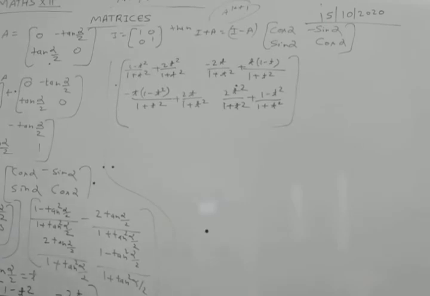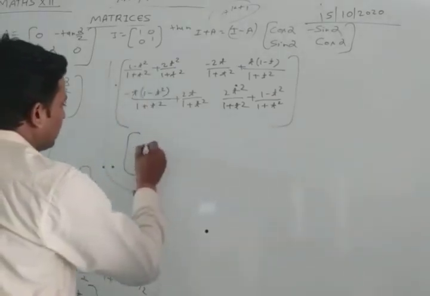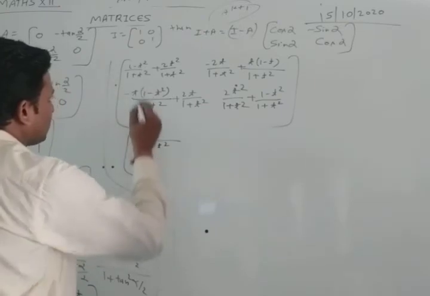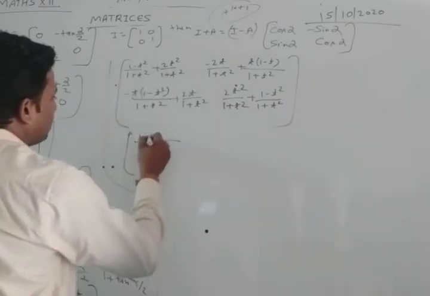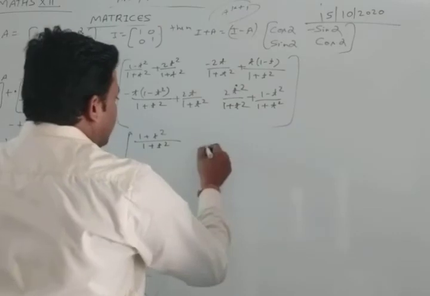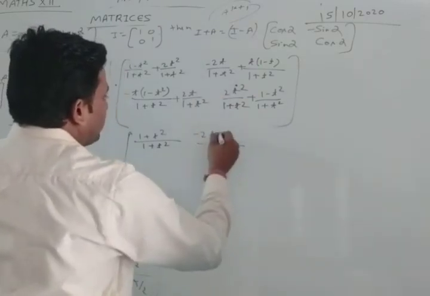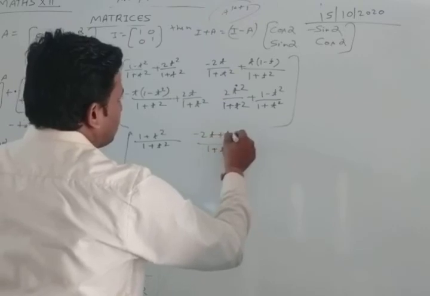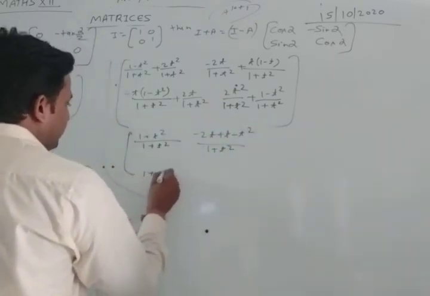Now solve this. We take LCM 1 plus t square, and after solving we get 1 plus t square. Okay. Now take LCM here, 1 plus t square. This is minus 2t plus t minus t square. Take LCM here, 1 plus t square.